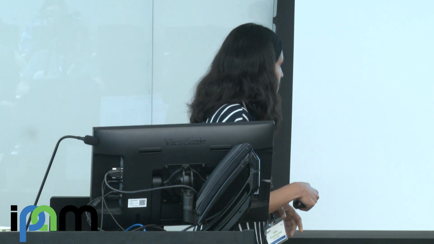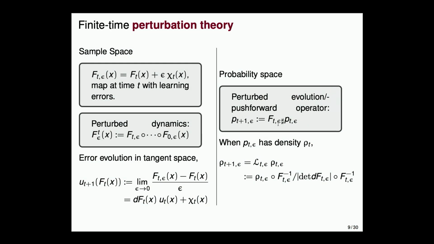U? Yeah, U is a vector field. You can take U0 to be some arbitrary vector field. Let us say the 0 vector field. Then at time 1, what is the vector field which corresponds to the difference between the orbit of Ft and Ft epsilon? It is the vector field corresponding to the perturbation of the dynamical system.